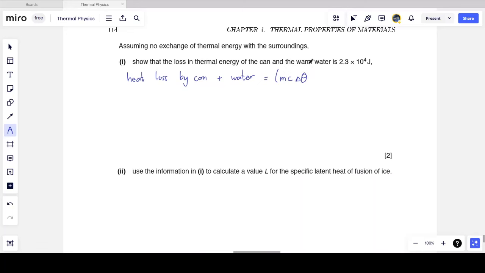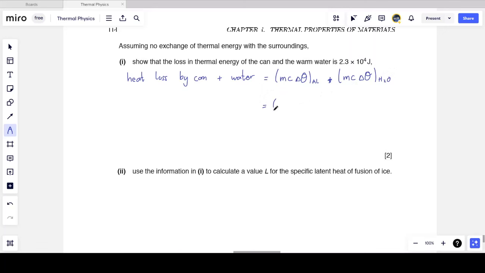We use delta theta for temperature change, or delta T, whichever you're comfortable with. And I'll use subscript aluminium plus the same for the water. The warm water, the water that was originally in the can, plus mc delta theta, and I should say warm water. I'm just going to write H2O because, well, I'm lazy.